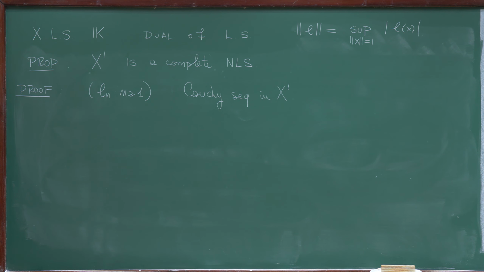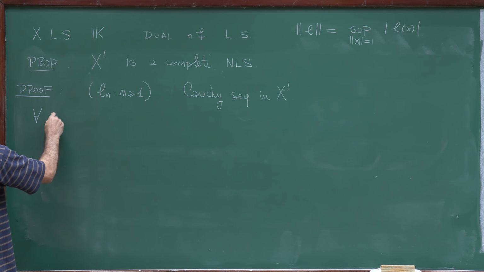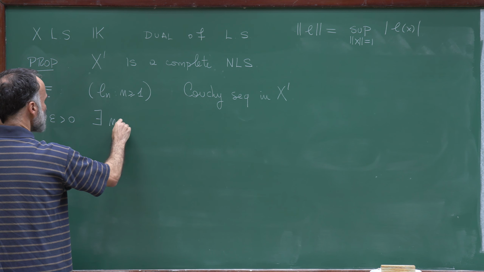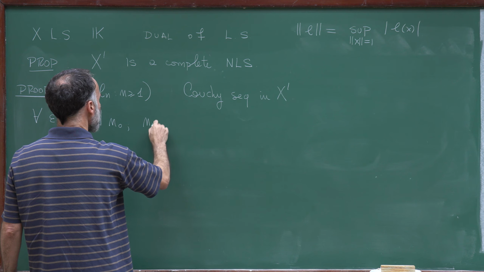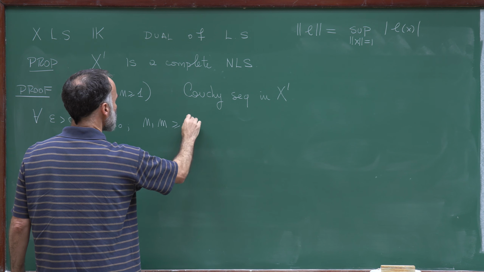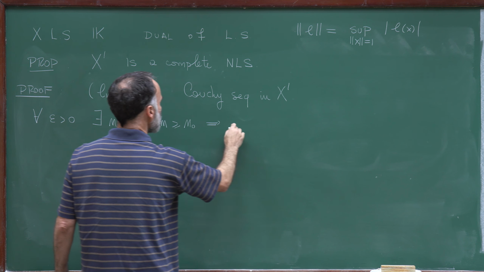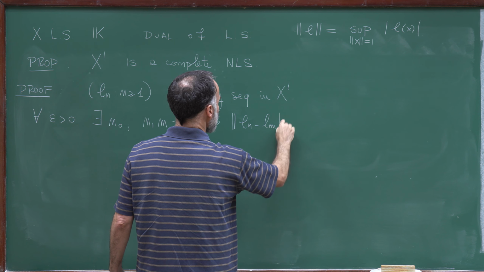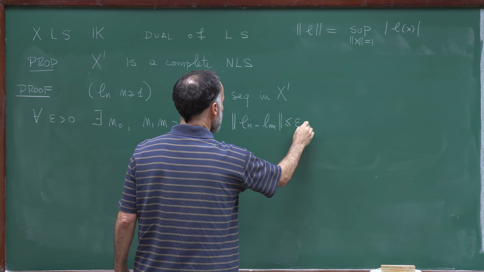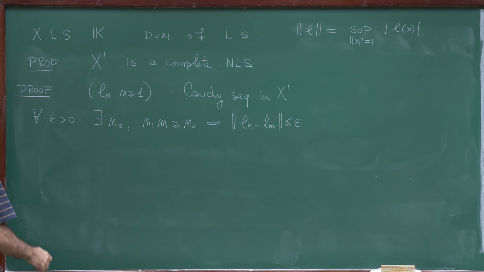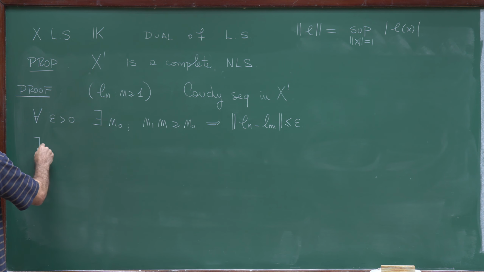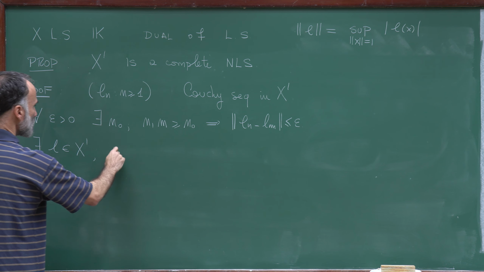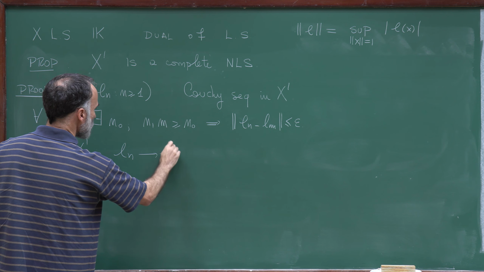This means that for all epsilon positive, there exists n0 such that if n and m are larger than n0, then the norm of Ln minus Lm is bounded by epsilon. And what we need to show is that there exists L in x prime such that Ln converges to L in x prime.